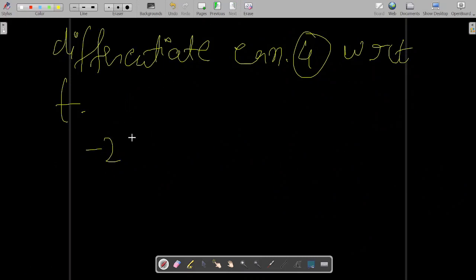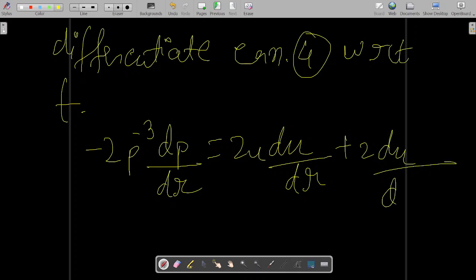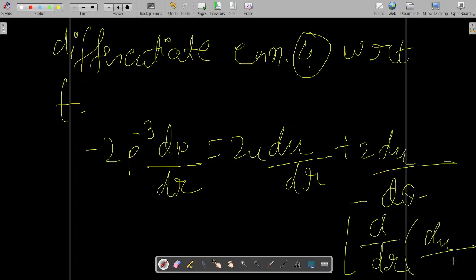Minus 2 p to the power minus 3 dp by dr is equal to 2u du by dr plus 2 du by d theta multiplied by d by dr of du by d theta. This is the thing which you will get.